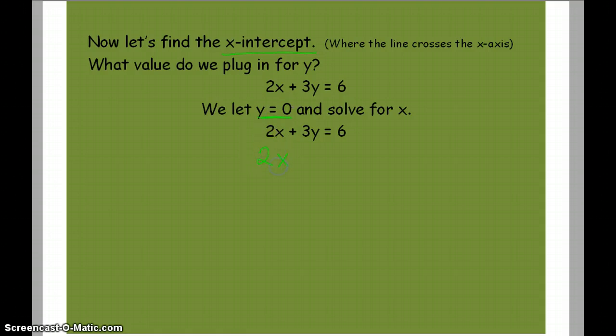So I have 2x plus 3 times 0 is equal to 6. 3 times 0 gives me 0, so now I have 2x is equal to 6. Going to divide both sides by 2. So x is equal to 3. Now my coordinates for this point, x is 3. What was y? 0. Y is 0. So that's my second coordinate.